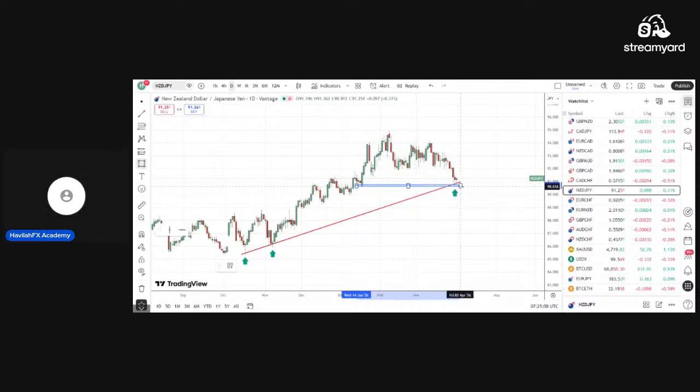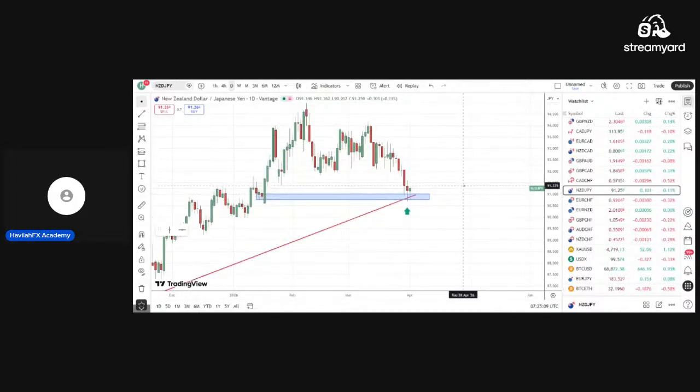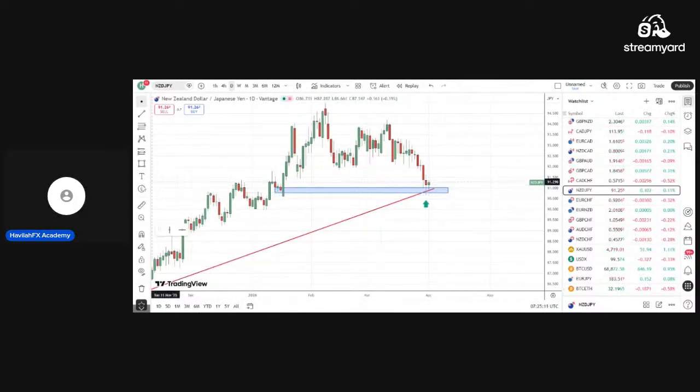A support and a rejection candle, which is acting as our confluence.